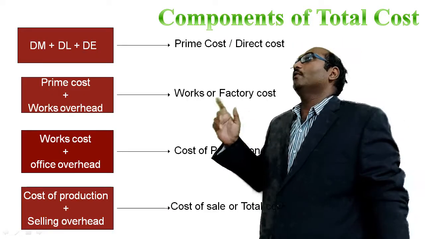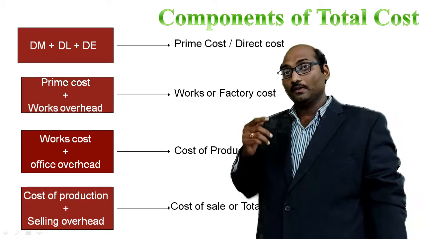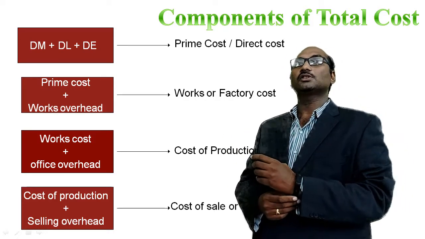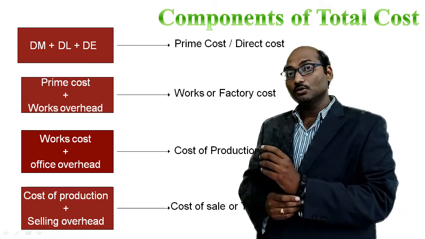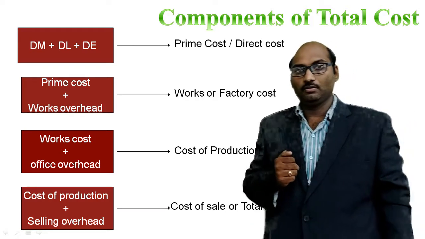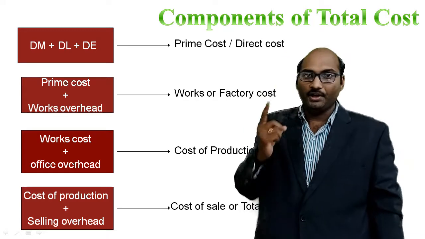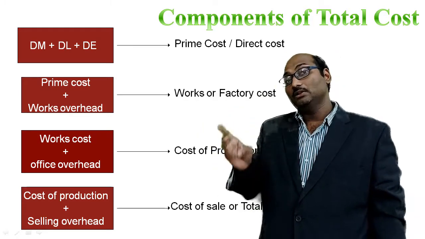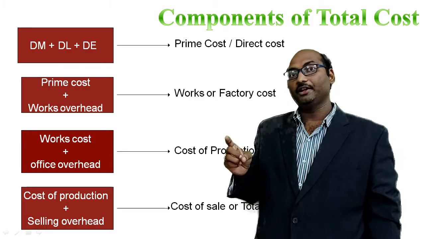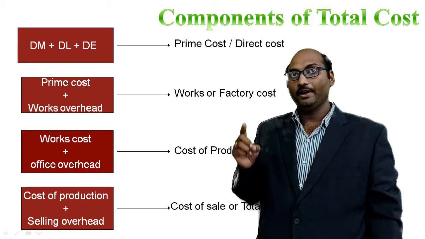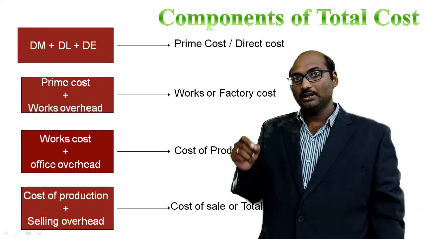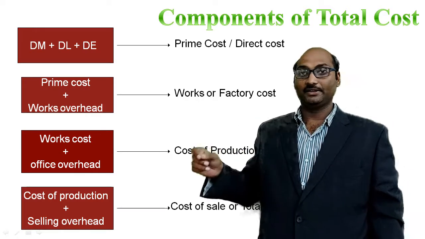So just for a quick recap of what we have discussed in the classes so far. The cost has many different elements, like material, labor and expenses. These are the direct materials, direct labor, direct expenses, and similarly, indirect materials, indirect labor and indirect expenses.